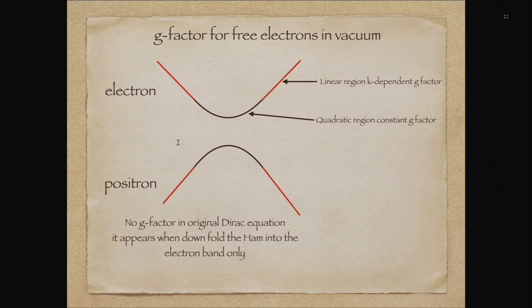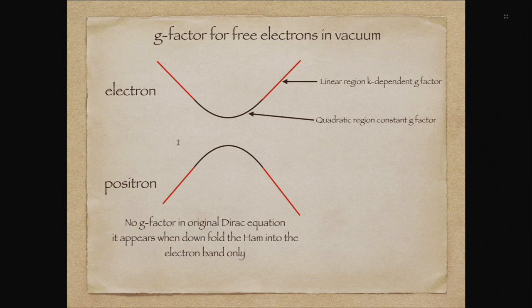But here, because we're only interested in the states near k equal to 0, which is emphasized by this black regime, in this regime the k dependence of the G factor is very weak. We can neglect the k dependence. So we can treat the G factor as a constant for an electron moving in the vacuum.